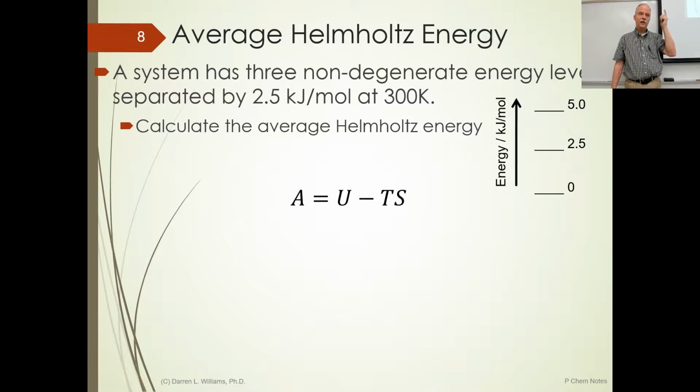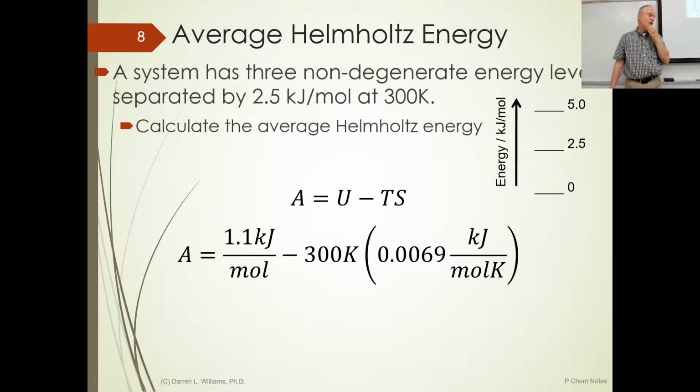If you have Gibbs energy, remember that it's G equals H minus TS. This is U minus TS. So it's the same equation, but it's swapping out U for H. So this is the internal energy subtracting the entropy term. And so this happens to be a negative 1.0 kilojoules per mole.